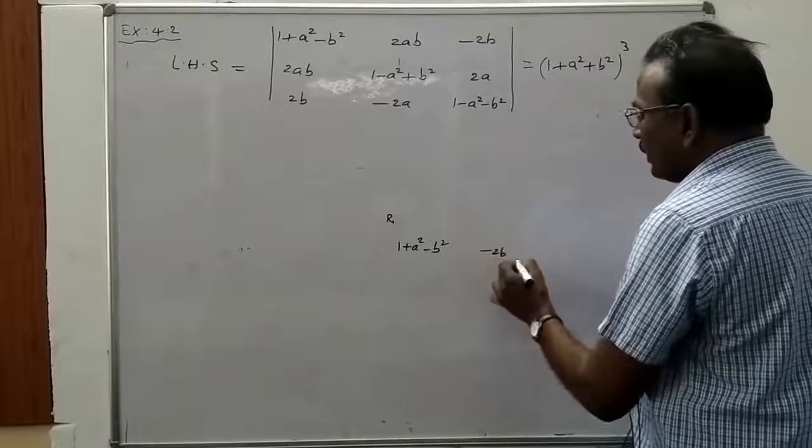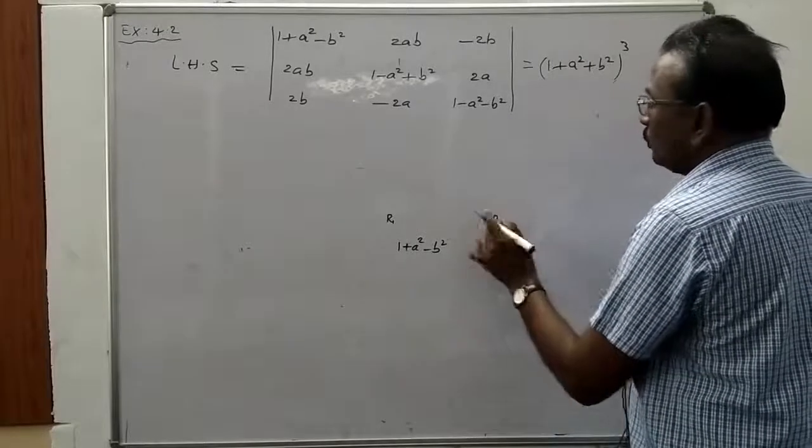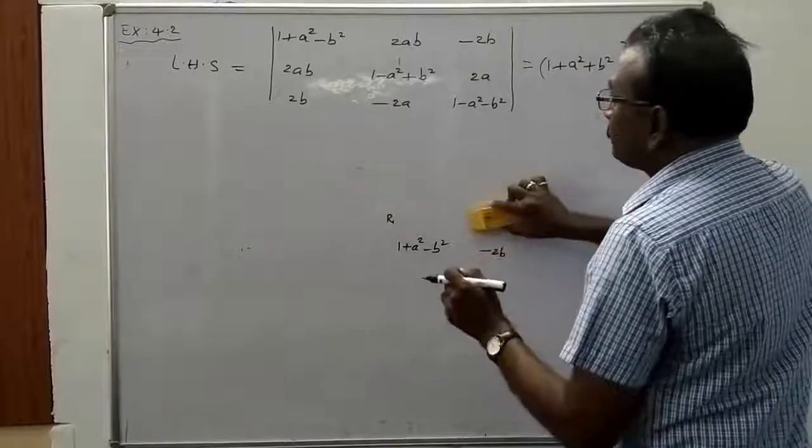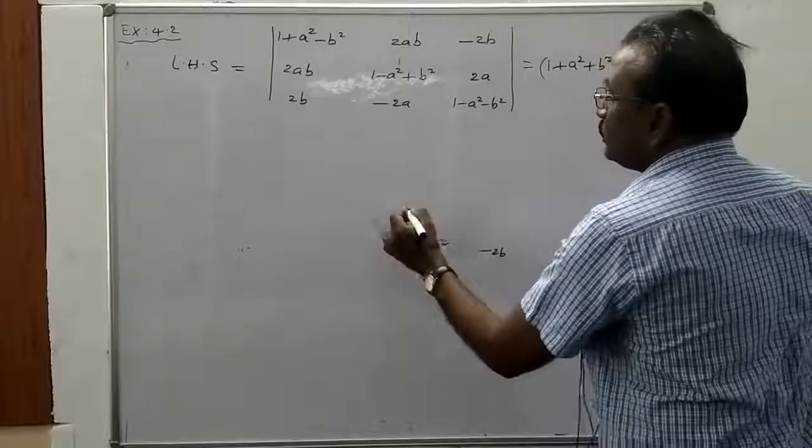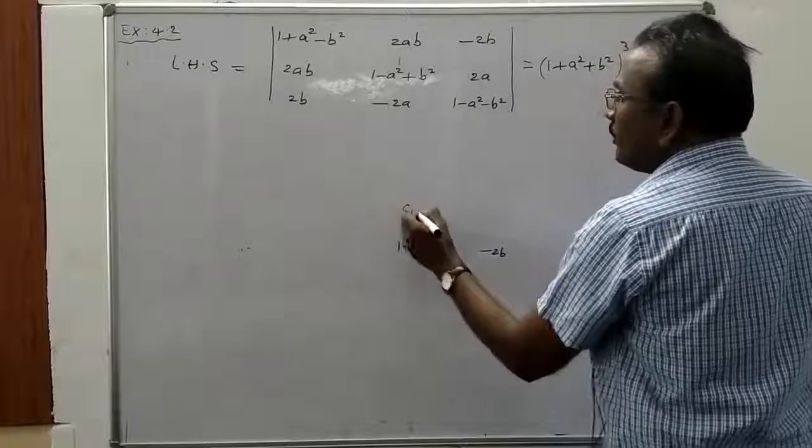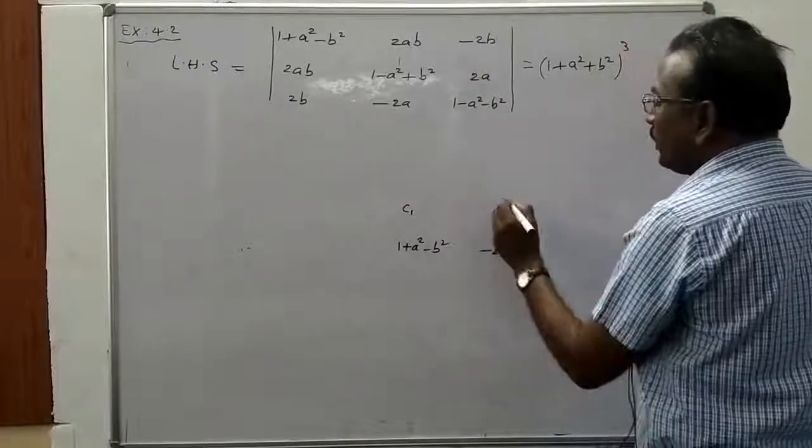Suppose if we multiply, so this is the column 1 element. So this is column 3 element.